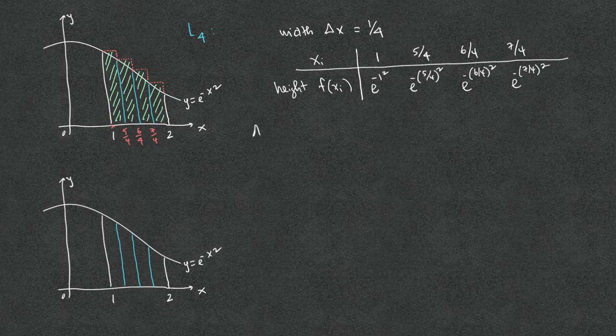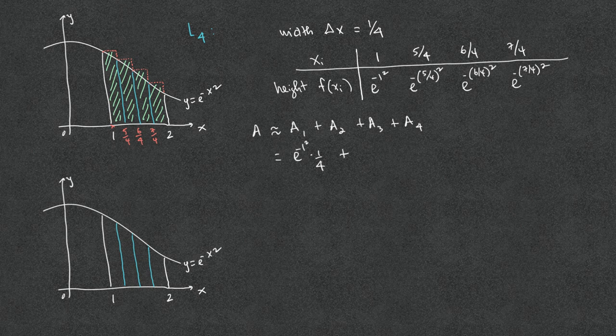The total area is approximated by 4 of these areas, A1 plus A2 plus A3 plus A4, where A1 is the height e to the negative 1 squared times the width, which is delta x, but delta x is 1 over 4.